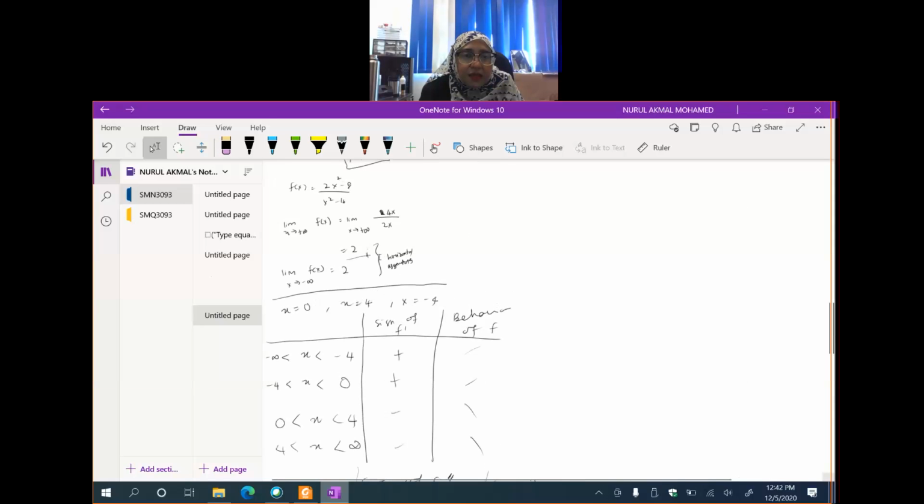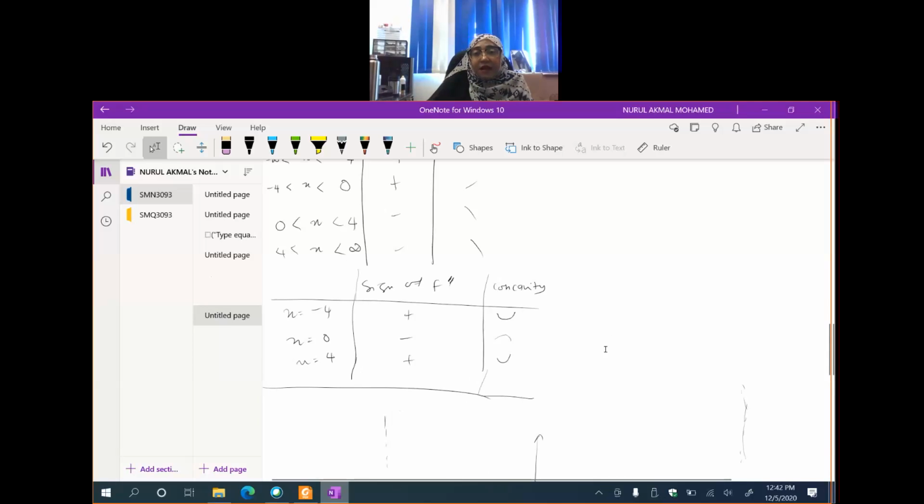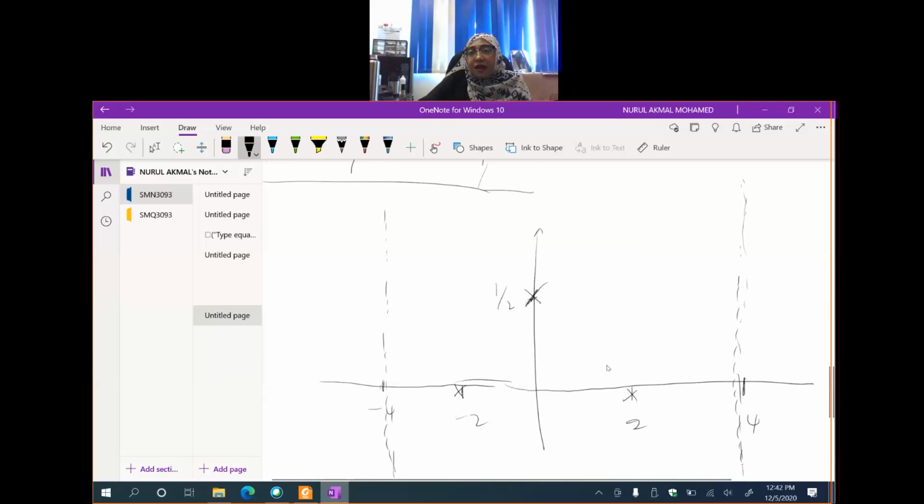We have checked the endpoint behavior, right? It gave you y equal to 2. So if this is 1/2, y equal to 2 might be over there. You have to draw another line here.